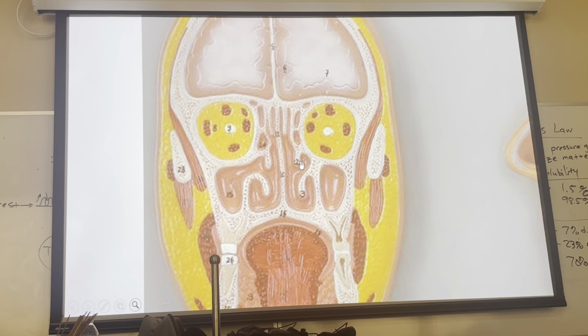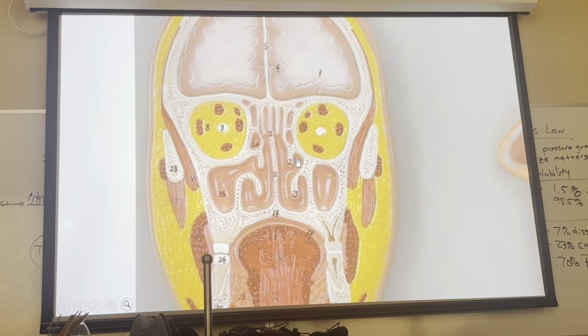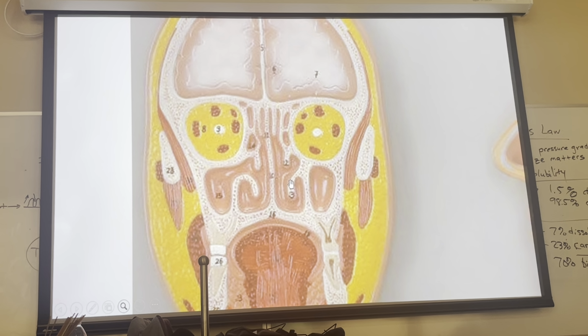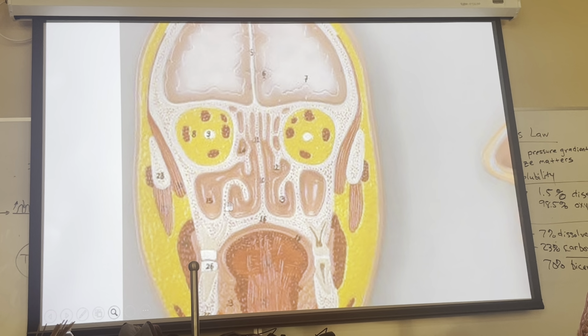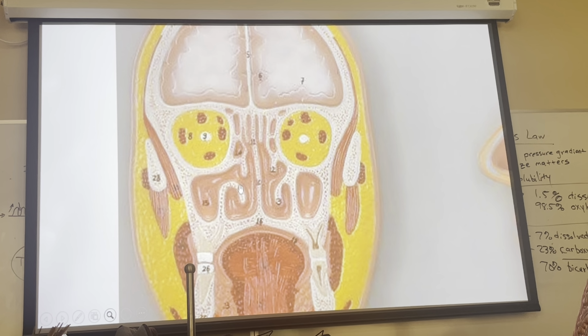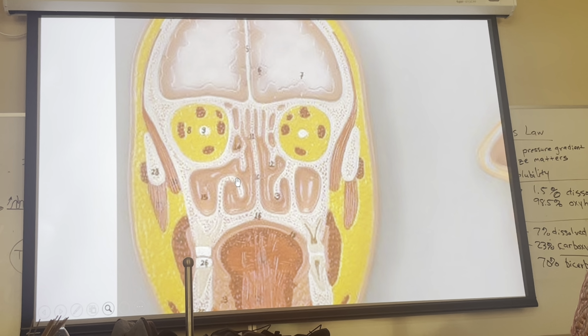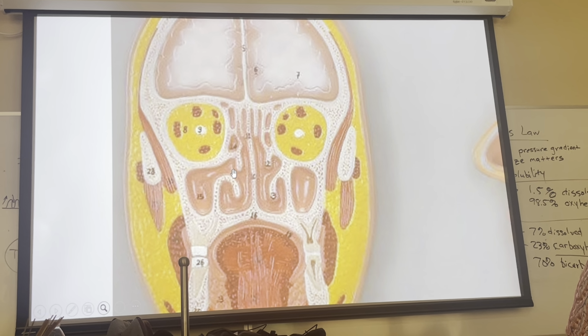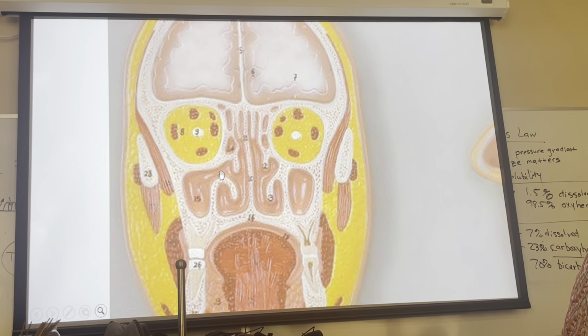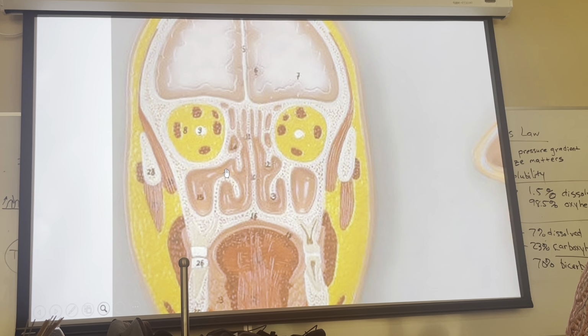There's its middle nasal concha right here. Here's the meatus. There's the inferior concha. Here's the inferior meatus right there. There's the inferior concha over here on the right. There's the meatus. Here's the middle concha. There's the meatus right there. All right, so you can see those meatuses.